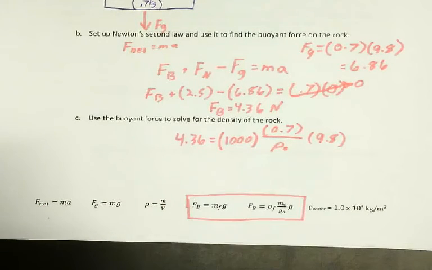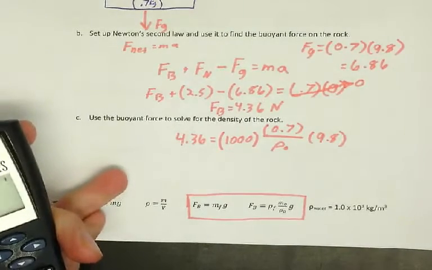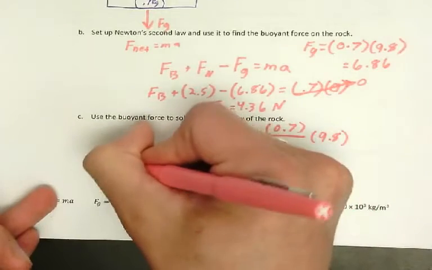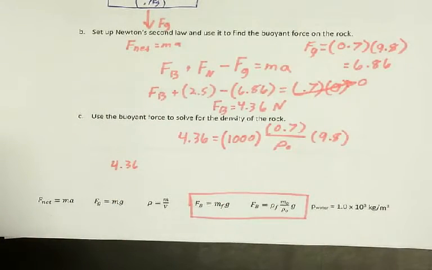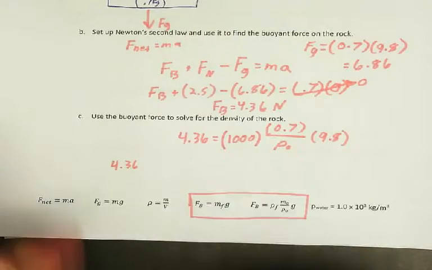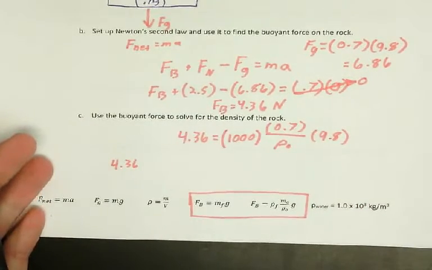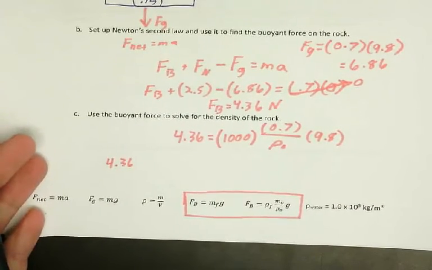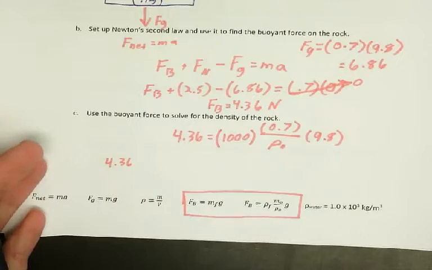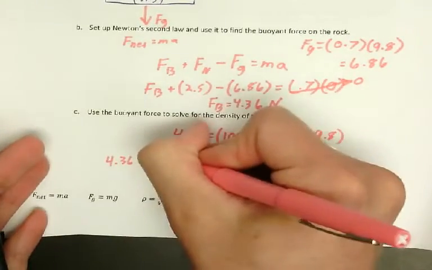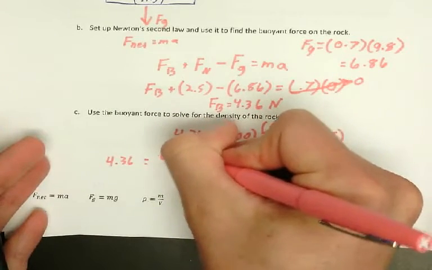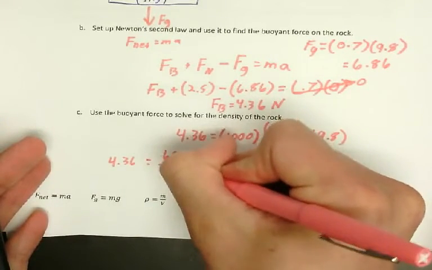So 9.8 times 1,000 times 0.7 gives me 6,860. So 4.36 equals, when I multiply those three together, 6,860 divided by density of the object.